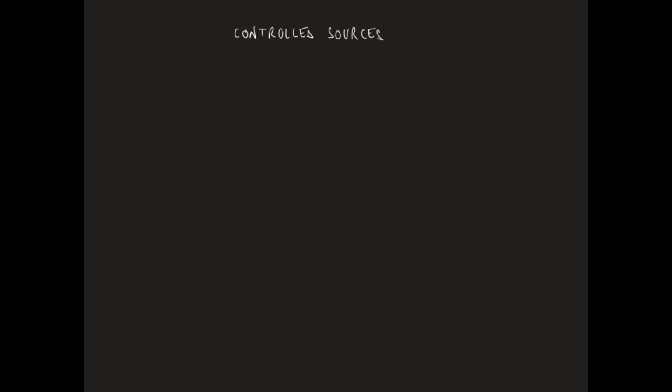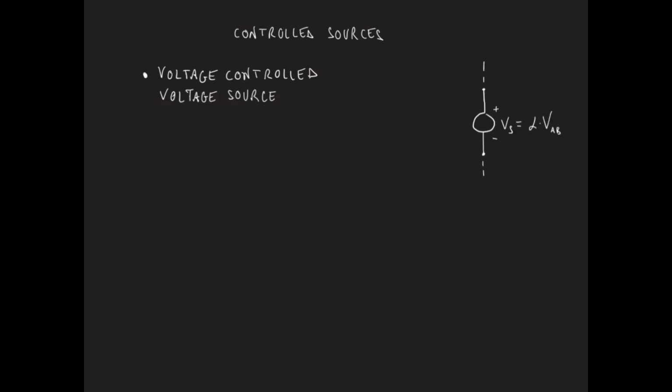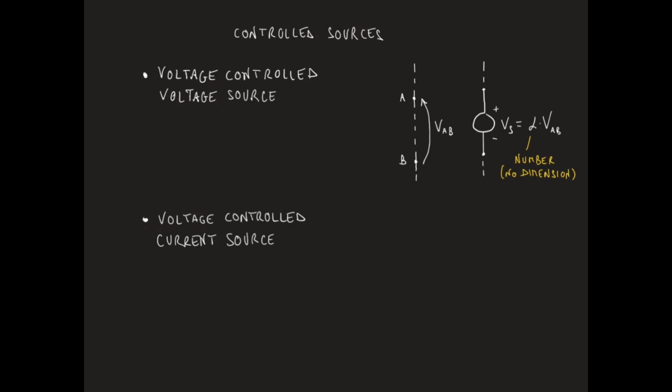In a voltage-controlled voltage source, the voltage generated by the source depends on the voltage between two nodes in the circuit. The parameter alpha multiplying the voltage VAB has no dimension. In a current-controlled voltage source, the voltage generated by the source depends on the current flowing through a given branch in the circuit.